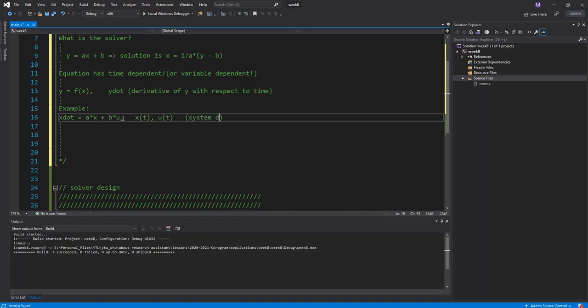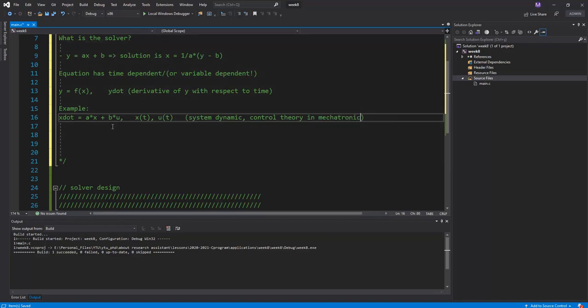Especially in system dynamics or control theory, we should utilize this equation or a similar form of this equation. A similar form is used extensively in system dynamics and control approaches in mechatronic engineering, okay?